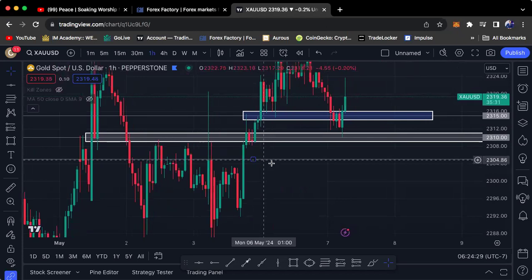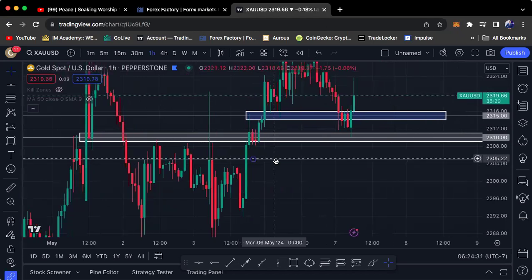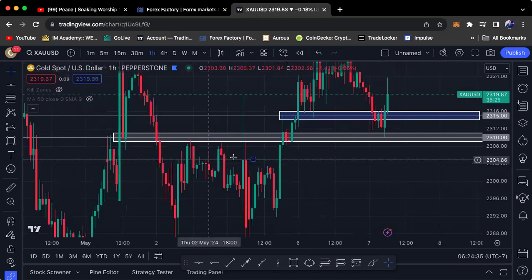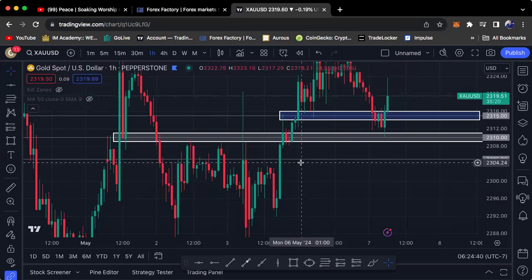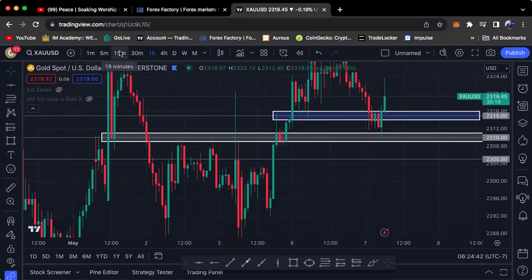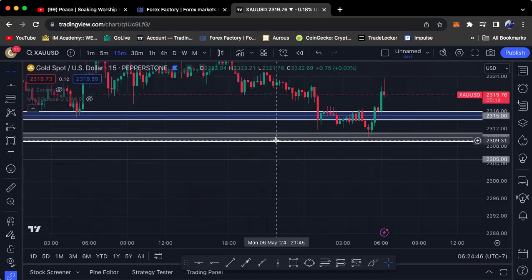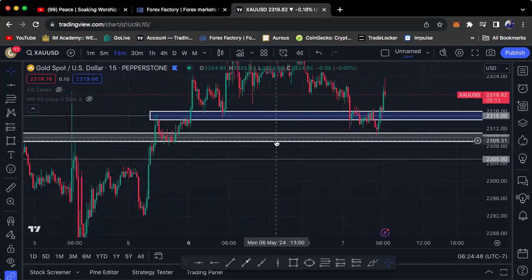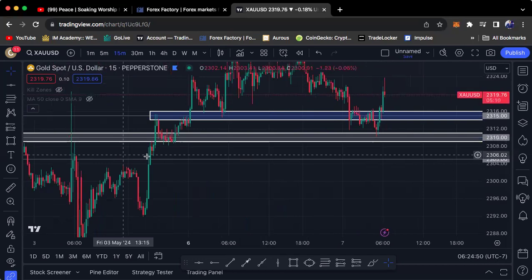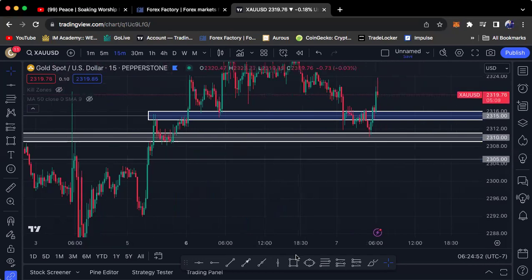But this could be an area of interest because there's a lot of price action going on here within 23.05. So I'm going to draw it here because it's an area of interest, and price may come back down to retest this area.